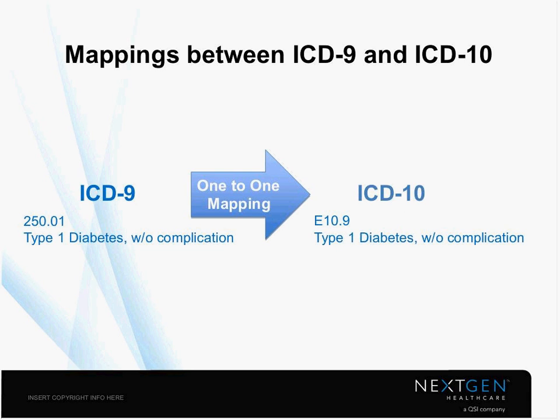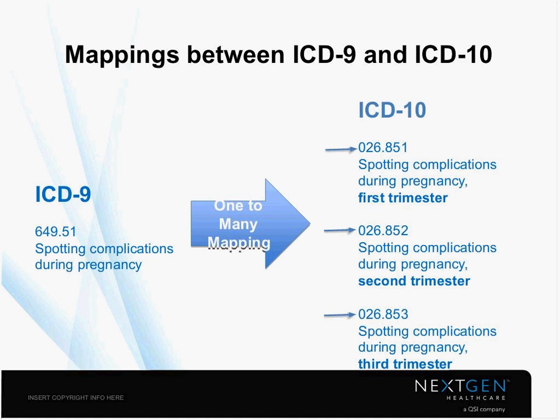Here we're going to get into some of the mappings. As I mentioned to you, I think it's something like 95% of the codes have a one-to-one mapping, where you're able to look for an ICD-9 code and receive an equivalent ICD-10 code. But we have other ones, such as one-to-many.